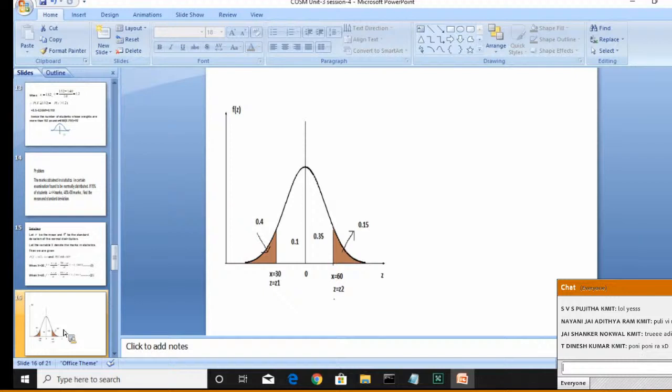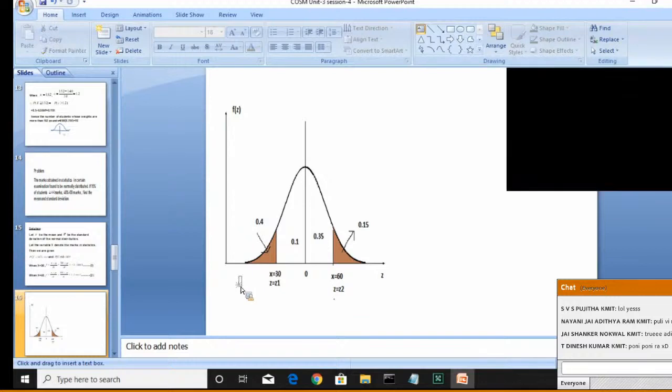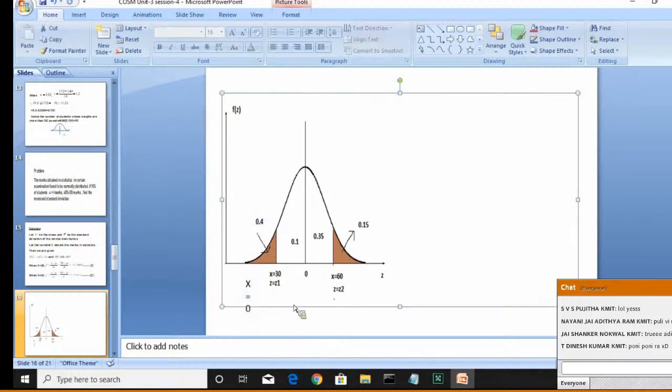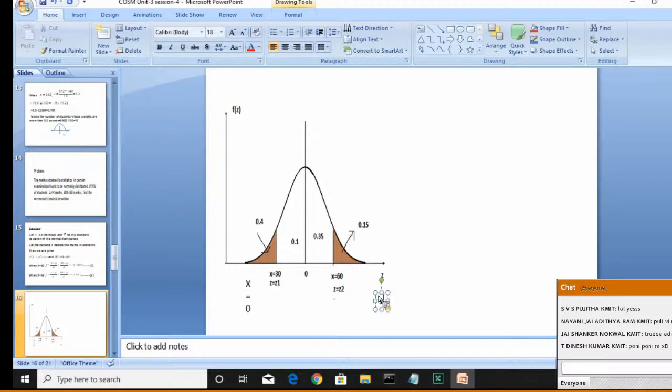Now I will show the figure to see whether you are understanding. Here it is 0. That means not the Z value, it is the X value. X equal to 0 I am writing here, and here I will write X equal to 100.